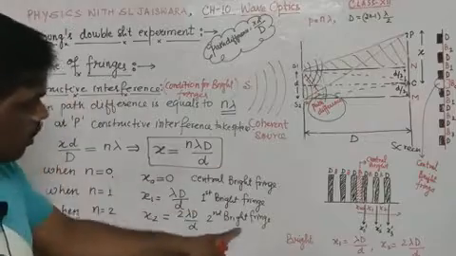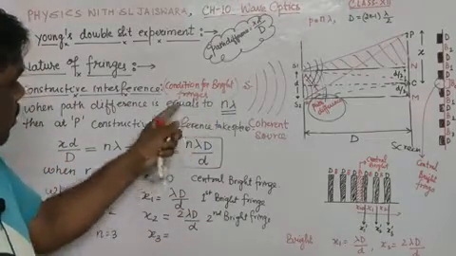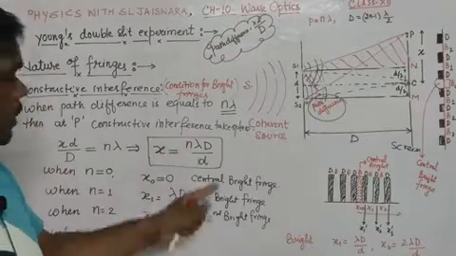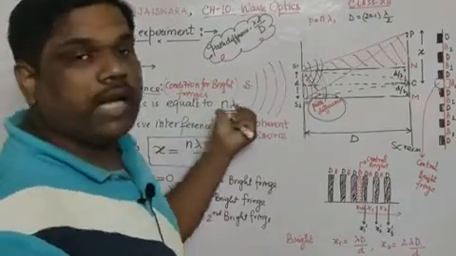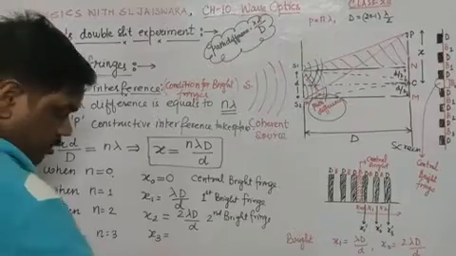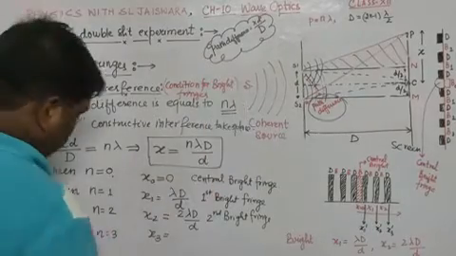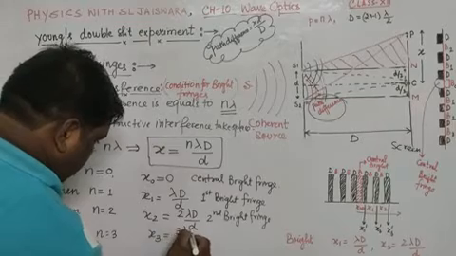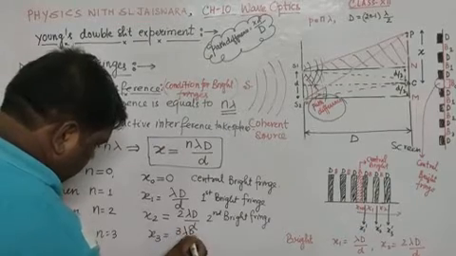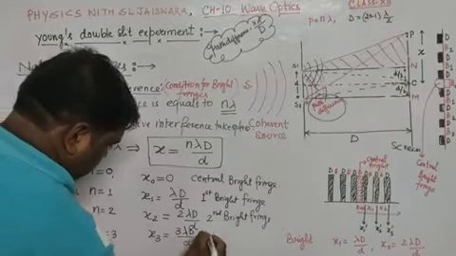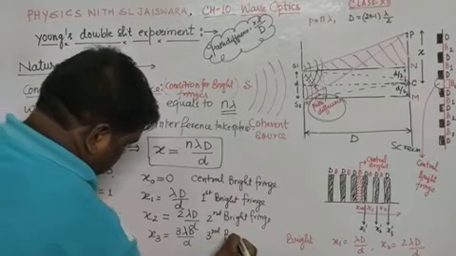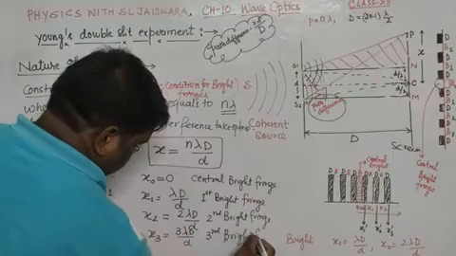Here we are discussing only bright fringes because we had taken the condition for bright fringes, for which the path difference must be n lambda. After that, we'll take the condition for dark fringes. So x3 is equal to 3 lambda capital D upon small d, and this will give the position of the third bright fringe.